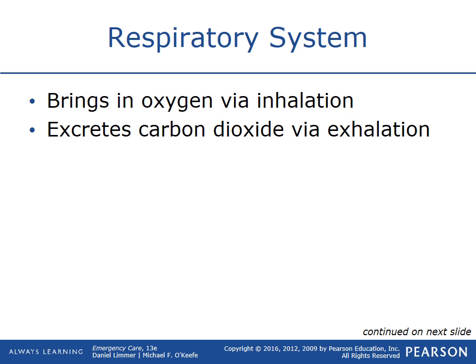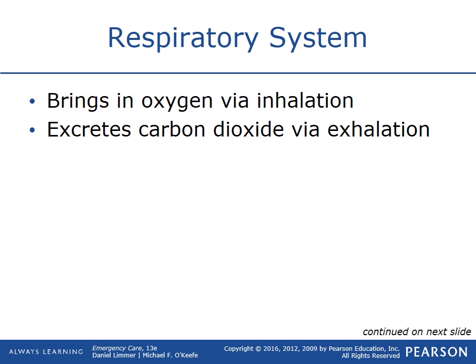So we want to get rid of all that carbon dioxide as we make it. We want to be sure and take the trash out, so to speak. We also want to make sure we bring in plenty of oxygen. In the atmosphere, there's only 21% oxygen, so we breathe in 21%.